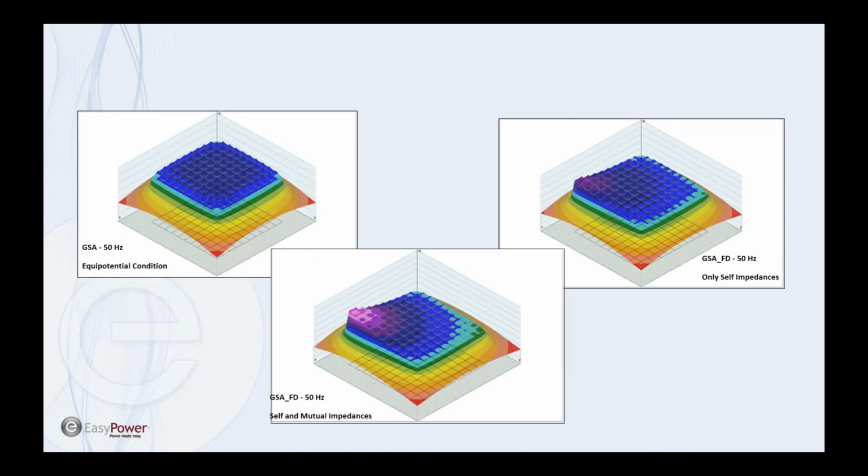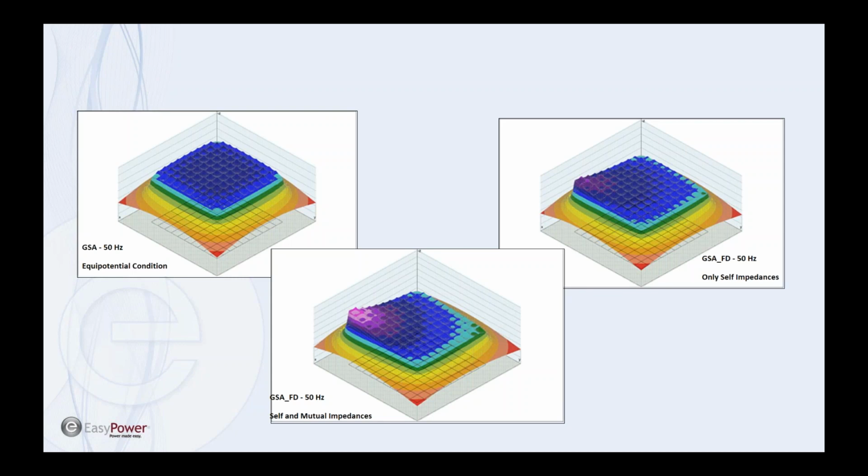This is a slide showing the importance of including the self and mutual impedances and showing what you get when you make that equipotential assumption. On the top left, you can see this is the same grid modeled 3 times. With the equipotential condition, the ground potential rise for this grid is exactly the same everywhere in the grid where there's a conductor.